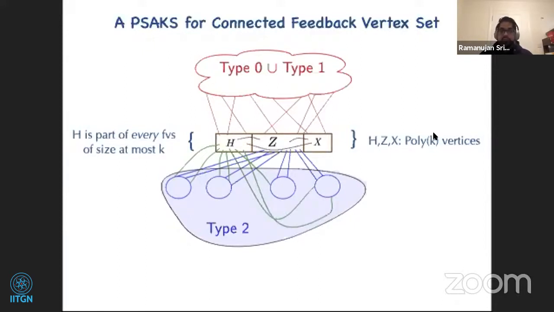H, for instance, I promise, is part of every feedback vertex set of size at most K. This is the analogous version of the high degree vertices for vertex cover. If you had high degree vertices, you knew that they had to be part of the vertex cover. So there is an analogous notion using flowers that works for feedback vertex set, and that's where H comes from.